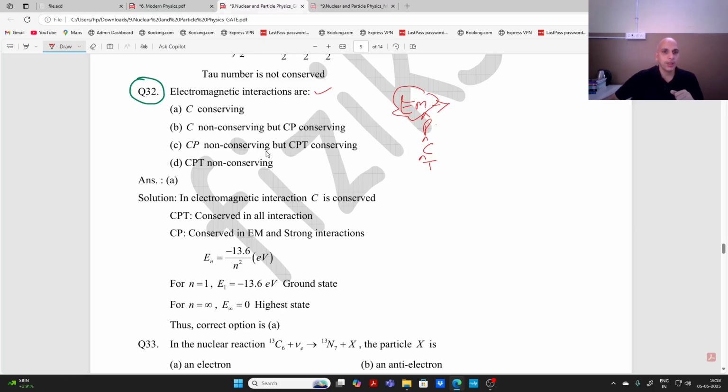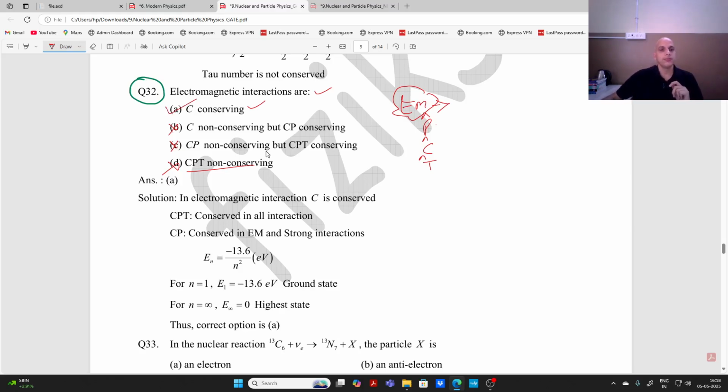So they are asking, interactions are charge conserving, yes. C not conserving, wrong, right? CP not conserving, but CPT conserving, again wrong. CPT not conserving is absolutely wrong, because according to CPT theorem, all the interactions are invariant, right? So the correct answer is A.